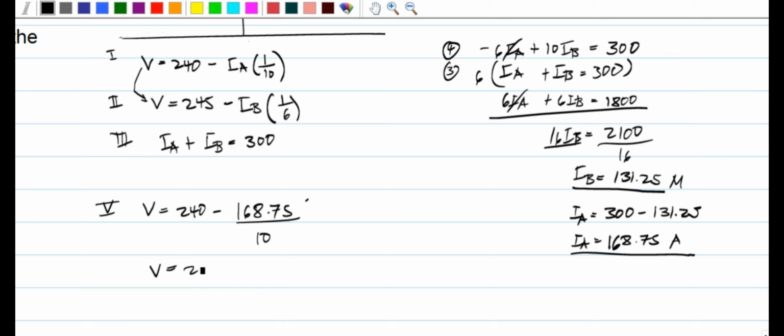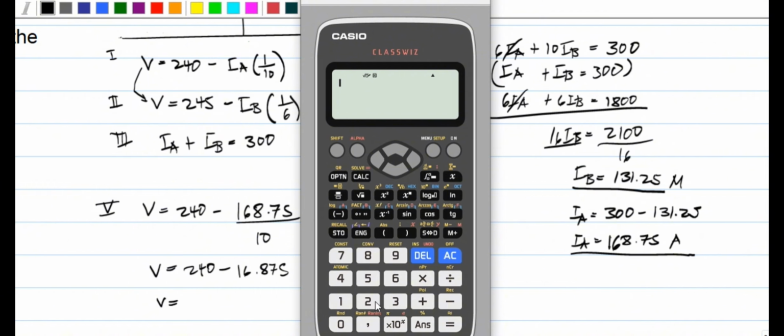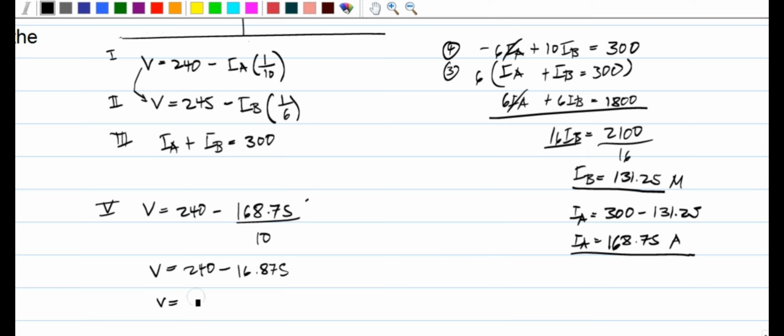So V is simply 240 minus 13.125. V is equal to 226.875 volts.